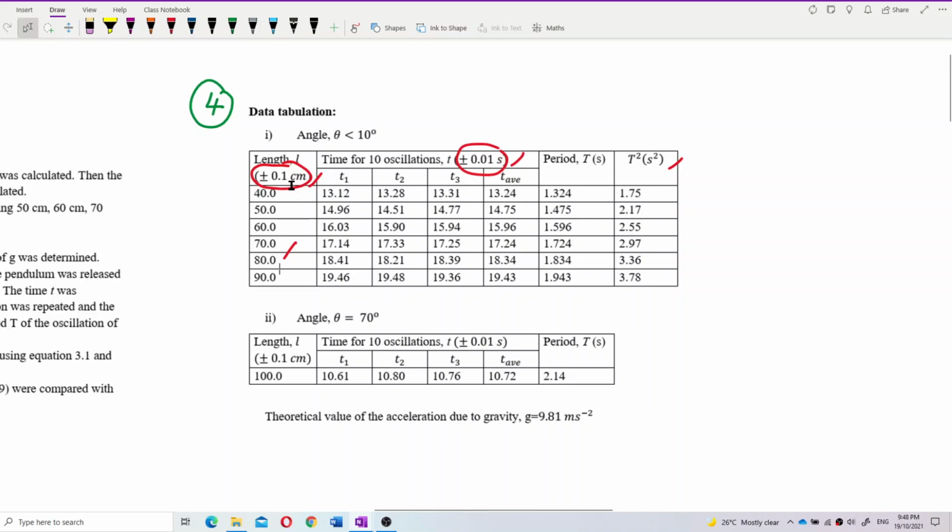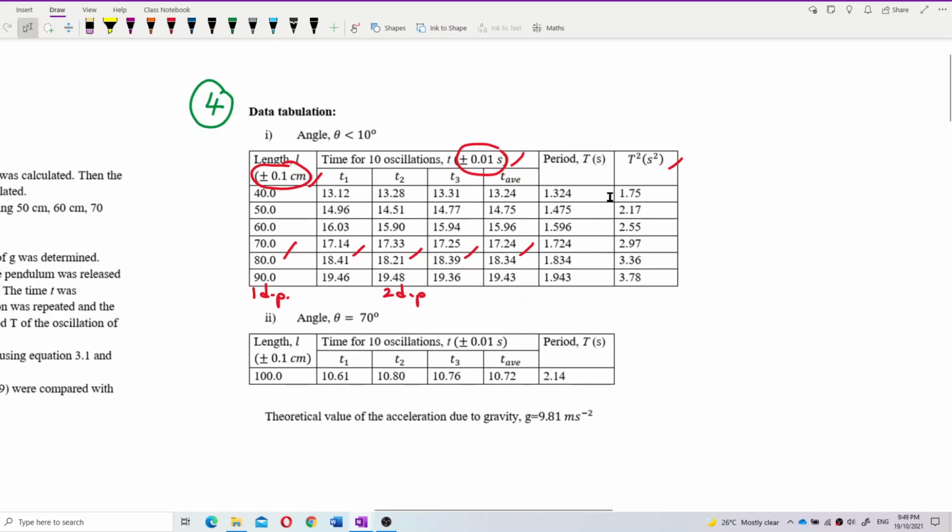And how about this one? The time is all 2 decimal points, because the sensitivity is also 2 decimal points. So all consistent.